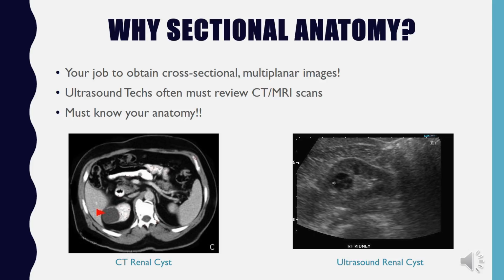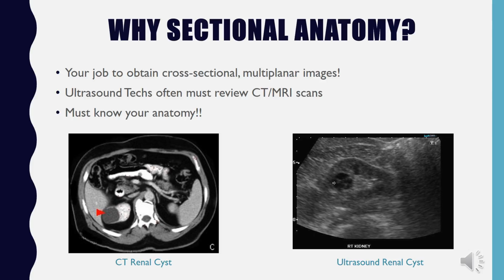For example, there's an order to get a sonogram of a renal cyst. Well, if that patient has a CT or MRI scan of that cyst, you should look at them first, or you're going to be wasting a lot of time just trying to locate that cyst.